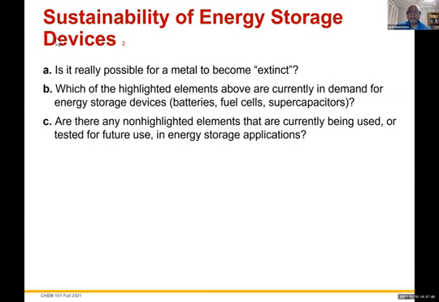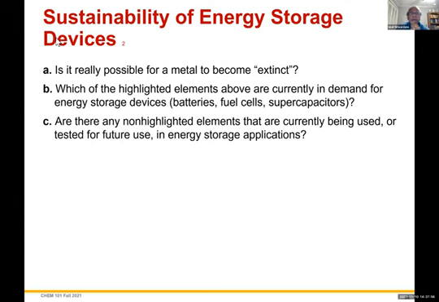Platinum is expensive. Fuel cells have a long way to go. For supercapacitors, I'm not sure exactly what they use, but it could be found out by searching the web.